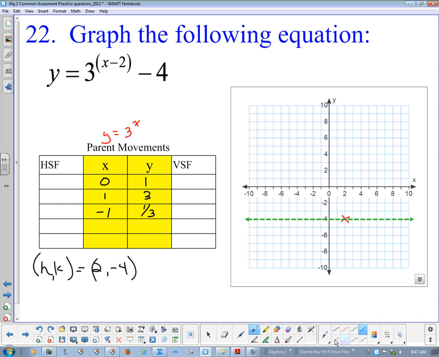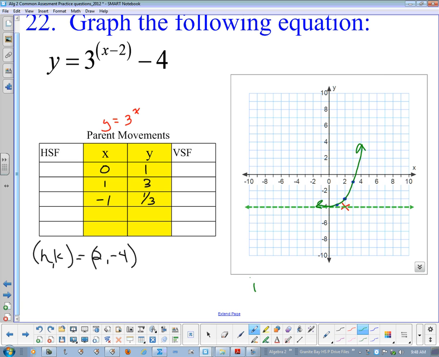Now all we have to do: 0, comma 1; 1, comma 3; and then negative 1, 1/3. Draw this approaching the asymptote, then go up exponentially. There's your graph.